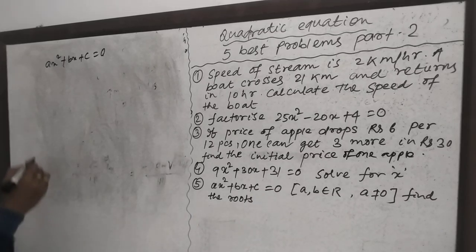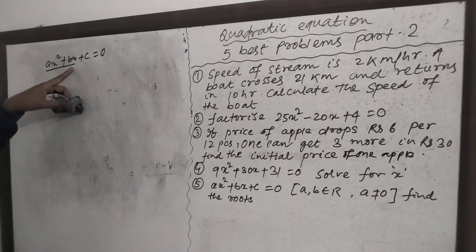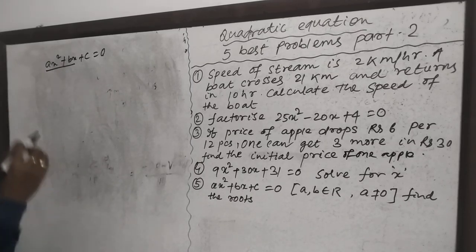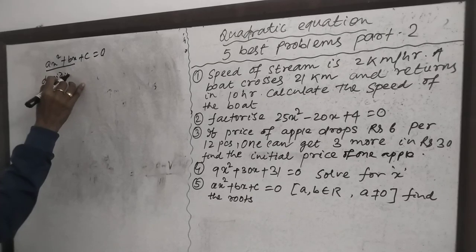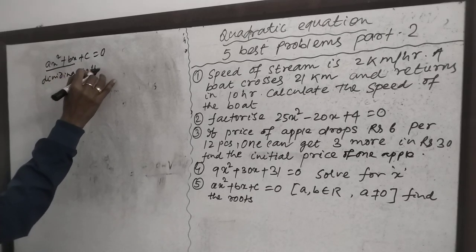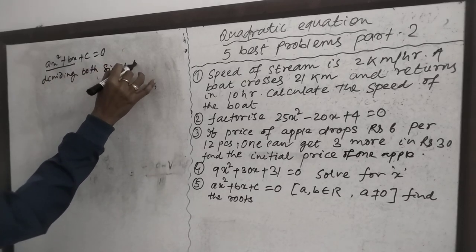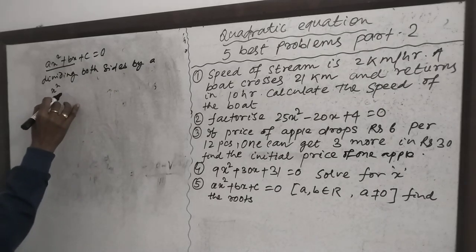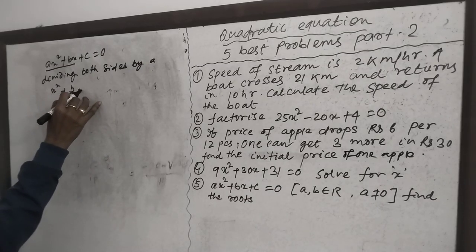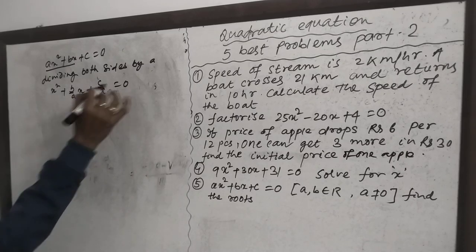Find the roots. The roots will be, this part of the equation we will make a whole square. Okay, now dividing both sides by a, this will be x square plus b by a x plus c by a equal to 0.